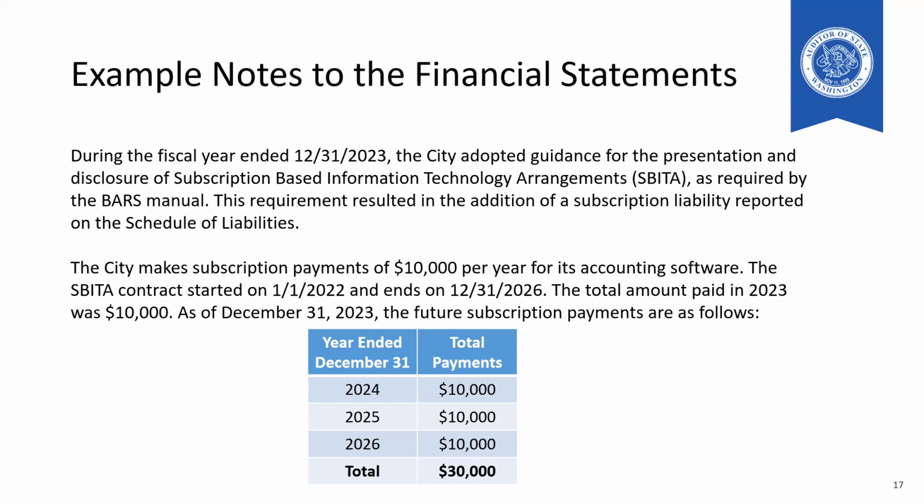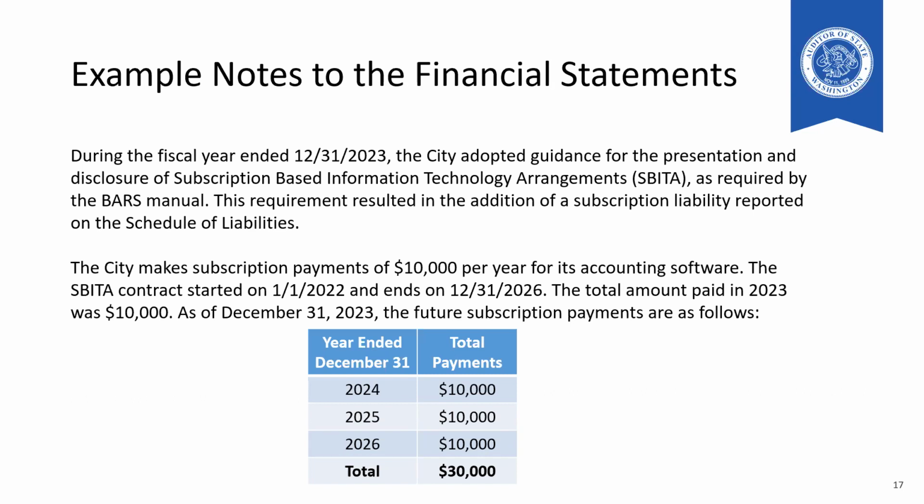Next, you should include a quick description of the contract. This doesn't have to be extremely detailed, just a general overview to give the reader an idea of the major points of the contract. So in this example, we say the city makes subscription payments of $10,000 per year for its accounting software. The SBITA contract started on January 1st of 2022, and it ends on December 31st of 2026.